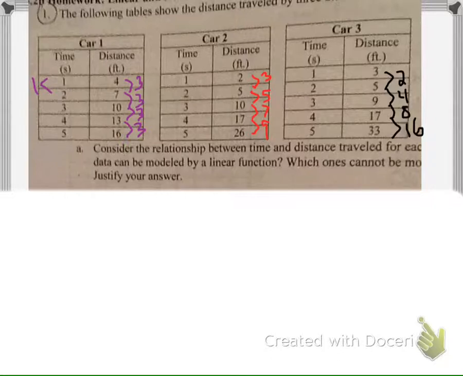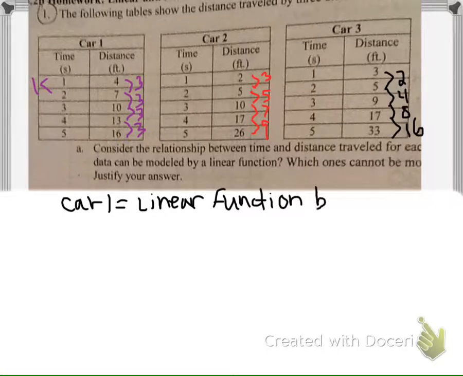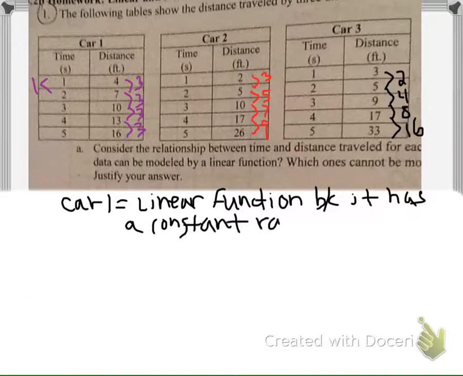So when I'm answering A, I could say car 1 equals linear function because it has a constant rate of 3.